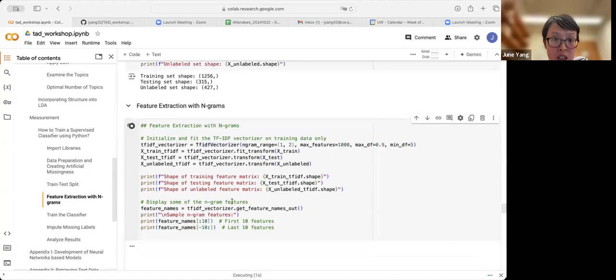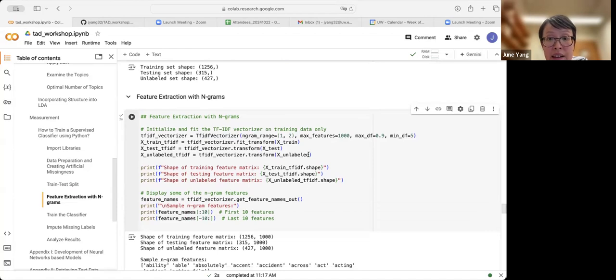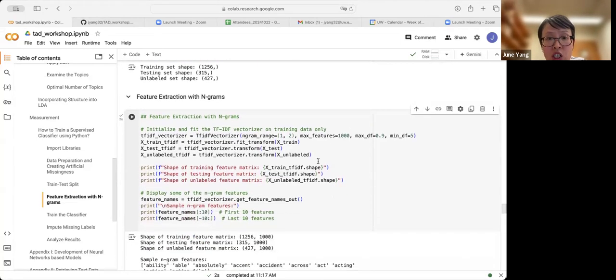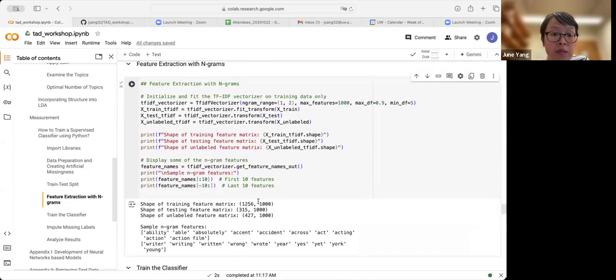Similarly, I'm building feature extraction the same as TF-IDF vectorizer to build this document term matrix. And here I have selected the number of features to be 1,000, so that max features is 1,000, so essentially I'm only restricting the number of predictors to 1,000 to predict my label, that is my outcome variable, this category of review.